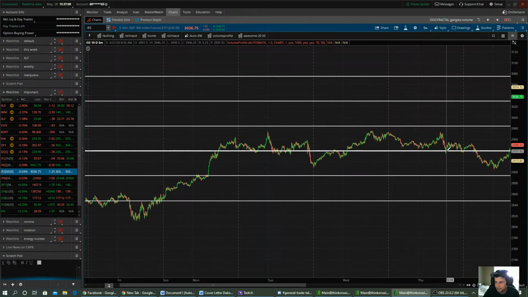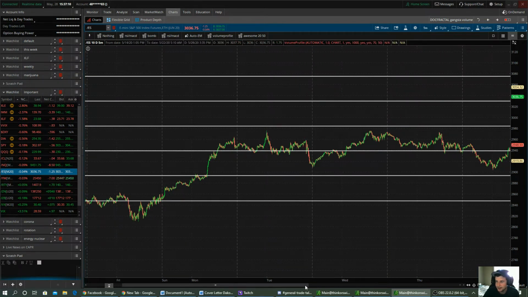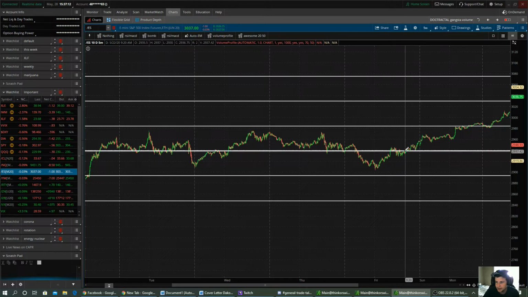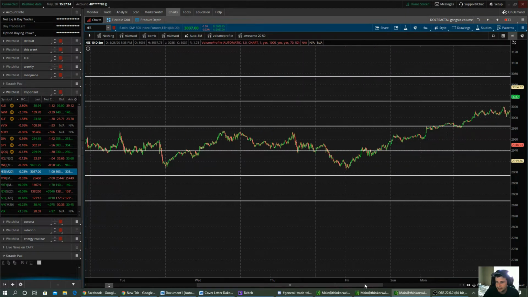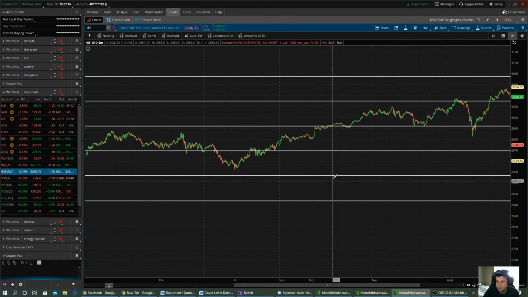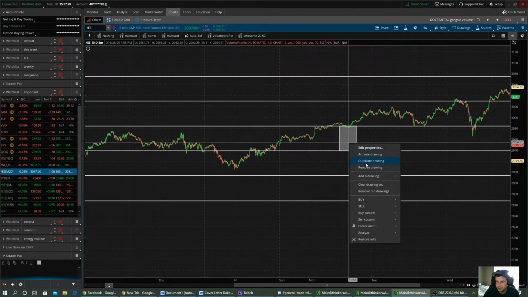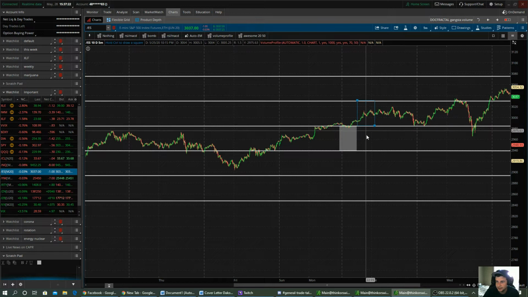See, you got this big down move. So now that I have this line and this line, I could then measure move it all the way up and down the block. If I go ahead and duplicate this, you're going to see that all of these moves are just measured moves.